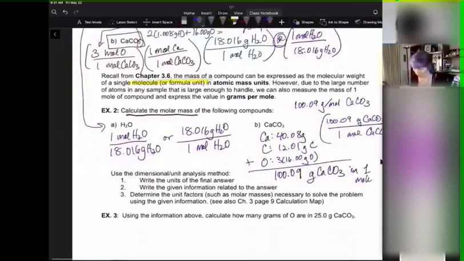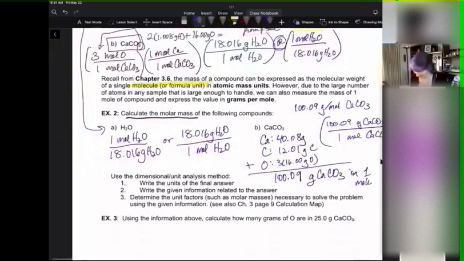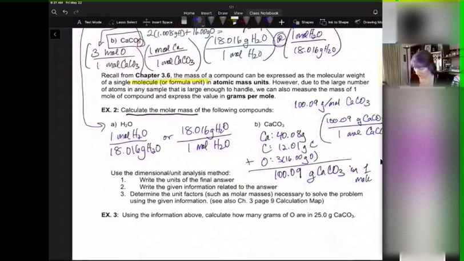Okay, now we're going to put it together. So using dimensional analysis, we're going to write the units of our final answer with a question mark and the label. We're going to write the given information, and then we're going to figure out what relationships will make that change for us, will complete the conversion.